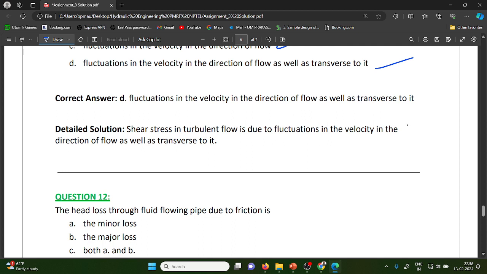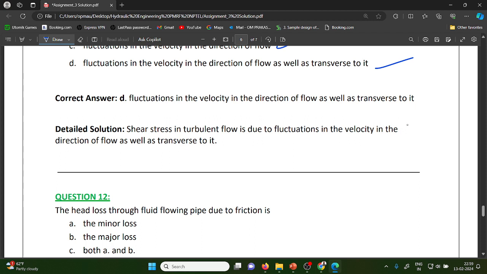Previously, we were talking about the question of which one is the minor loss. In that question, the options were like pipe elbow, pipe fitting, and friction. In this question, it is just the opposite.